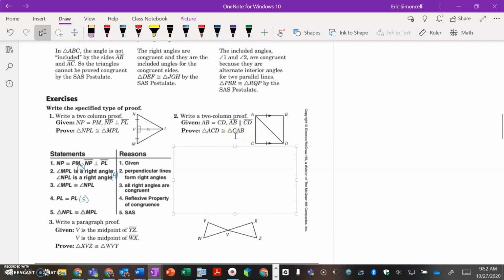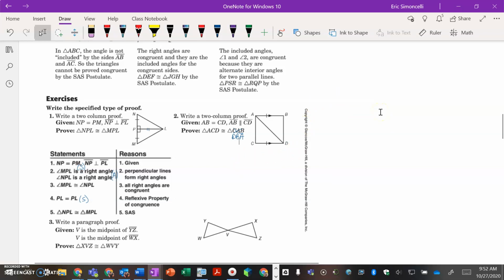So if it's the way I'm reading this, I'm probably going to go, instead of with CAB, we'll say again ACD, so DBA. Okay, that's going to make more sense in context.